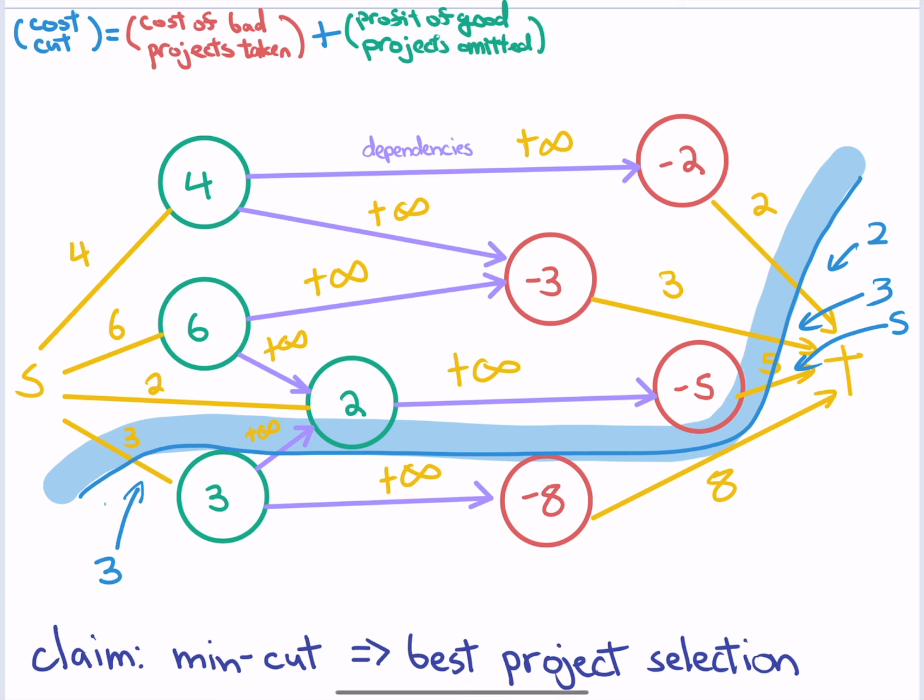Right? So we left out that project worth 3, and so I paid $3 in the cut.